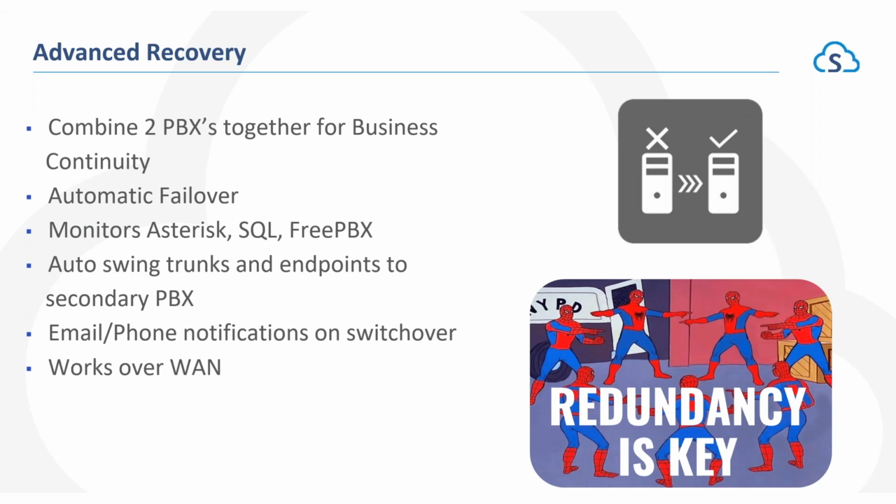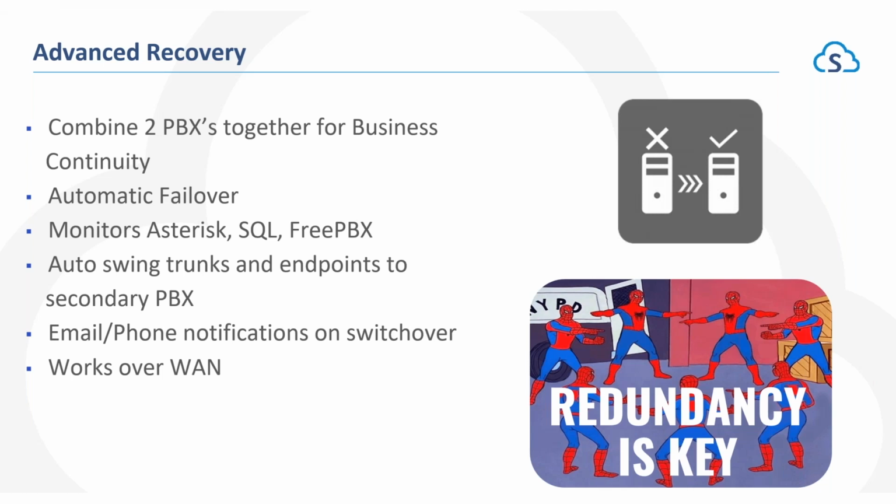Advanced recovery. Again, this is for security and business continuity reasons. This is a must-have. Basically, it combines two PBXs together for business continuity. So what it does is, in the case of a failure of your primary PBX, it will automatically swing your trunks and your endpoints to a secondary PBX.